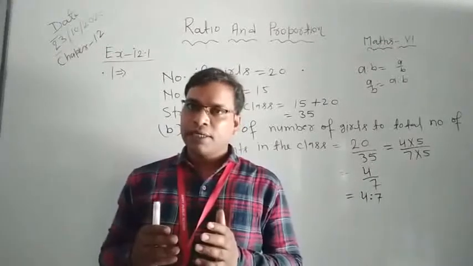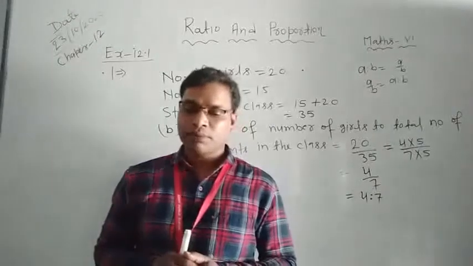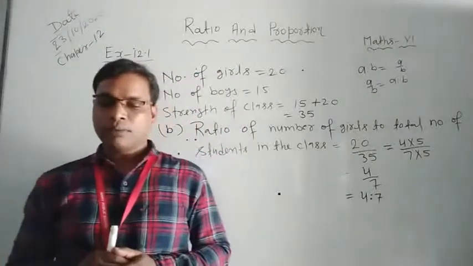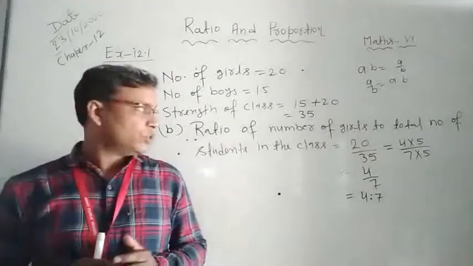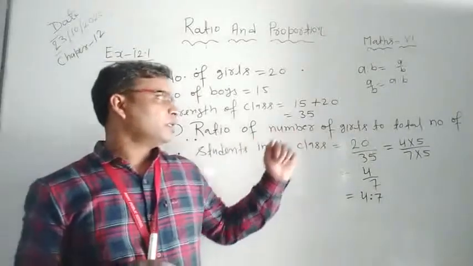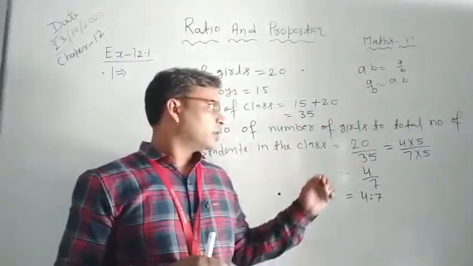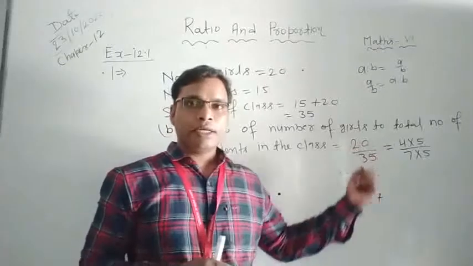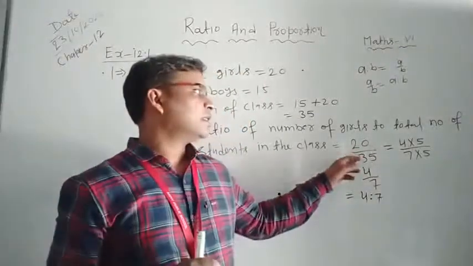The second part of this question asks what is the ratio of the number of girls to the number of students in the class. Ratio of the number of girls to the total number of students in the class. So the total number of girls is 20 and the total number of students in the class is 35.